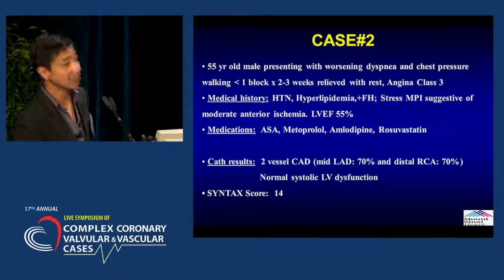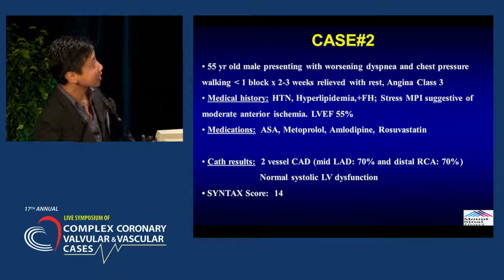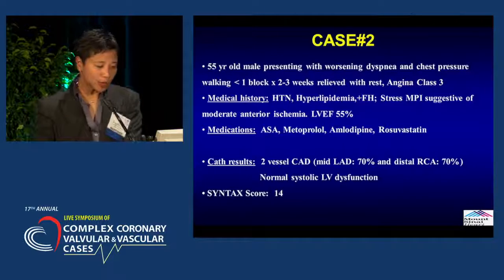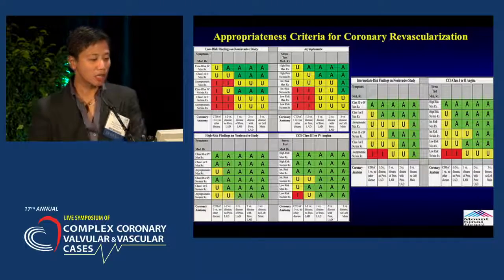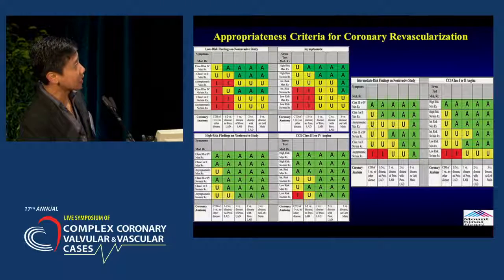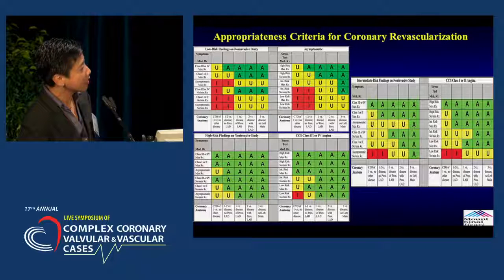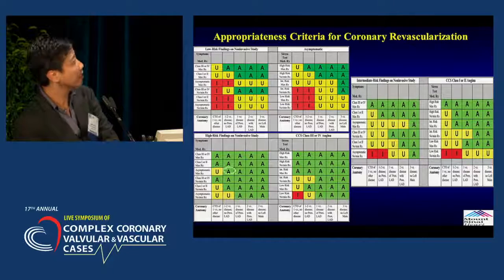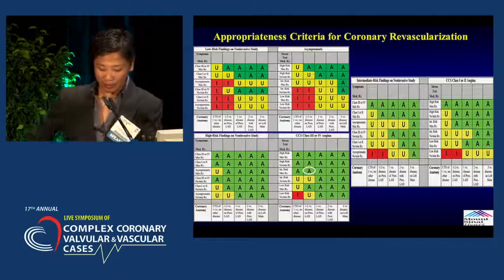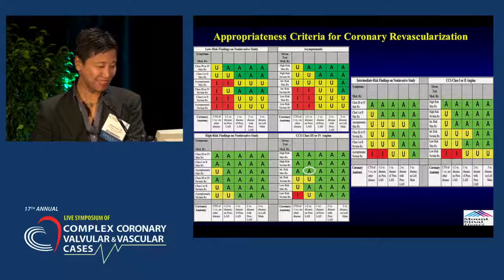So maximal medical therapy, intermediate risk, and class 3. 2-vessel CAD, syntax 14. So let's choose the symptom, class 3, right? Let's choose this box: 2-vessel CAD, no proximal LAD, intermediate risk, maximal medical therapy. Open that lesion.